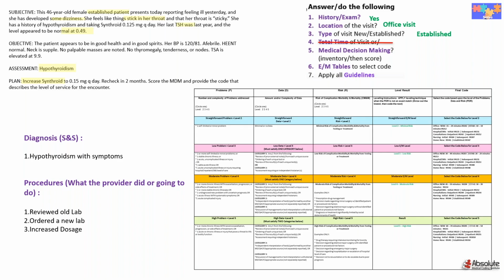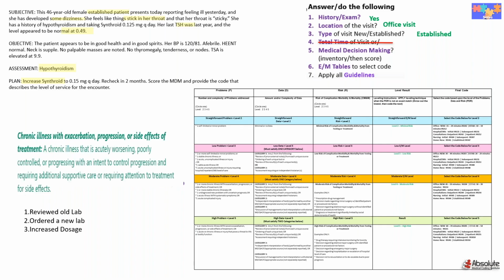And now let's look into the PDR chart, and where do I take it under the problem column? I would take this for a moderate level, as one or more chronic illnesses with exacerbation, progression, or side effects of the treatment. Because as per the CPT, that is a chronic illness that is acutely worsening, poorly controlled, or progressing with an intent to control the progression and requiring additional supportive care or requiring attention to the treatment for side effects.